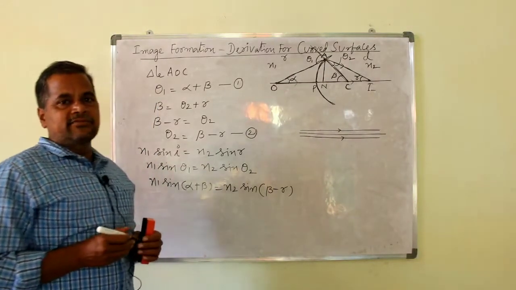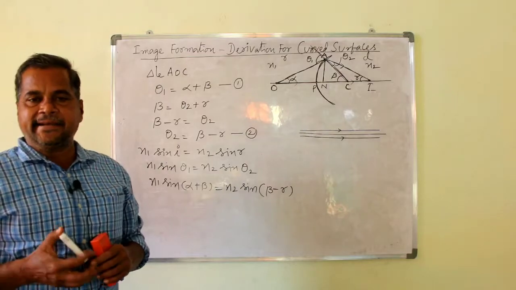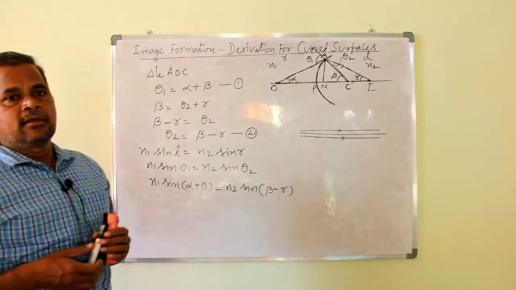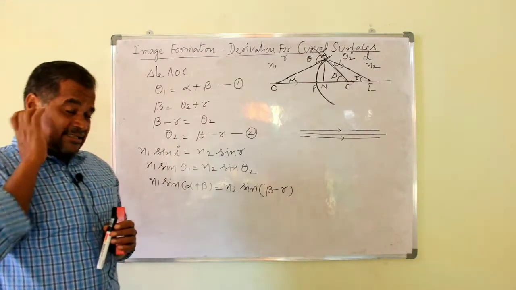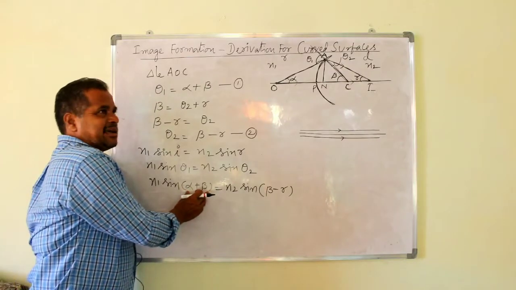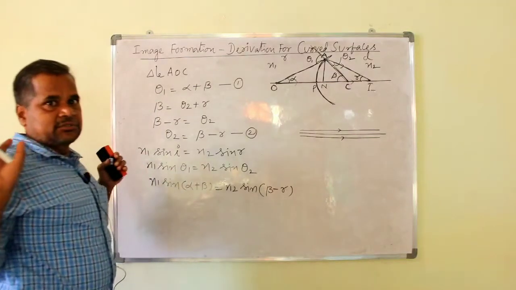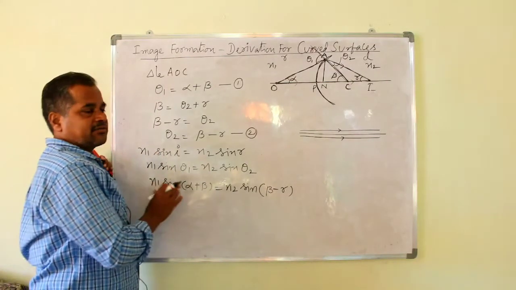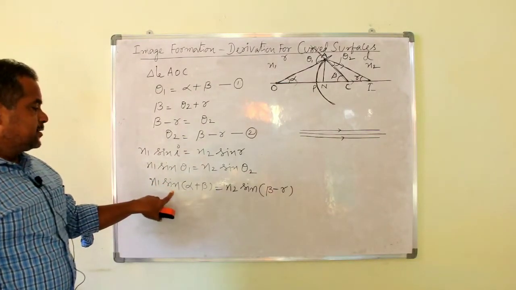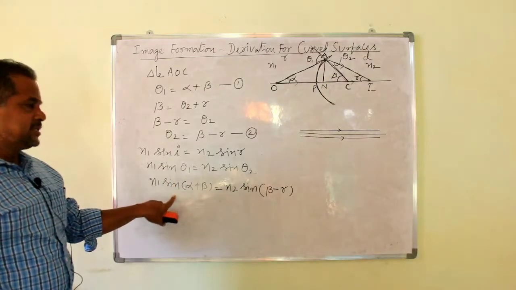In the case of paraxial rays, the angles are very small but not equal to 0, so we remove the sine ratios in this equation.